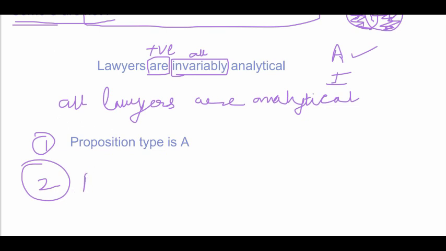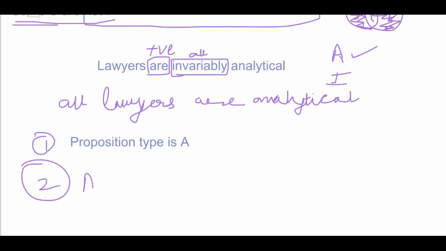So conversion is very simple. All S are P. Because lawyers is the subject and analytical is the predicate, you do not write "is, are" separately, because you say all lawyers.